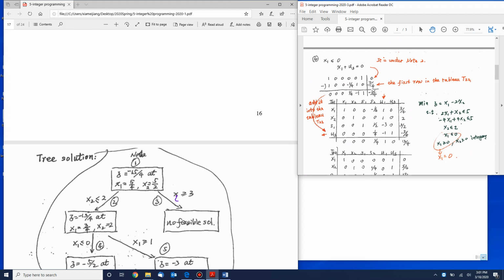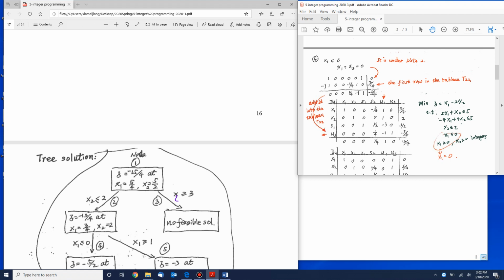In T22, x1 is the basic variable, so we bring the row where x1 is a basic variable, and then we remove that x1 from the new constraint, and bring it into the tableau. We normally use the dual simplex method to restore the feasibility.